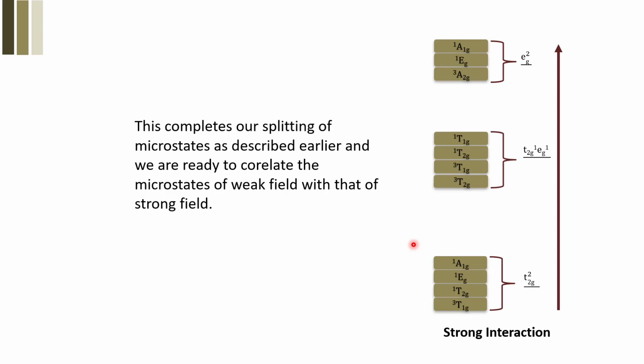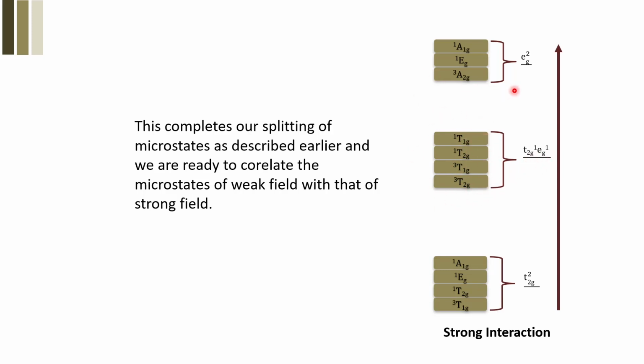So for T2g², you have one A1g, one Eg, one T2g, and three T1g. Remember that we have 1 plus 1, that is 2, 2 plus 1 is 3, and 3 plus 9... that is 15 possible arrangements here. Here 3 and 3, that is 3 to 9 and 9 to 18, 18 plus 6 more, there is 24. 24 possible arrangements are there with T2g¹Eg¹.